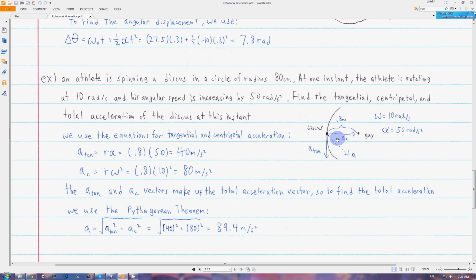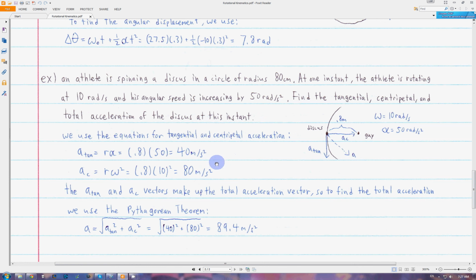So to find the tangential acceleration, we just use r times alpha, which is 40 meters per second squared. So this part of the acceleration is changing the magnitude of the velocity of this discus. And then the centripetal acceleration, which is changing the direction of its velocity, is r times omega squared, which is 80 meters per second squared.